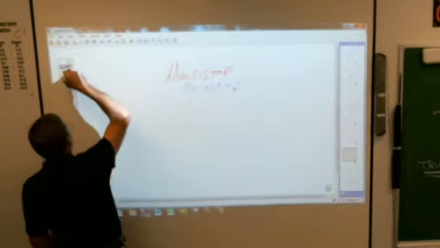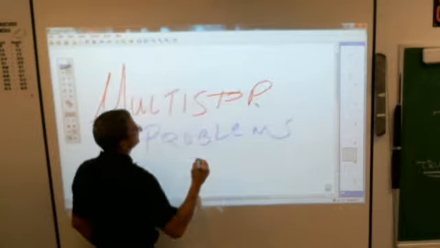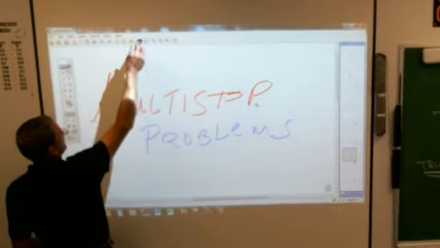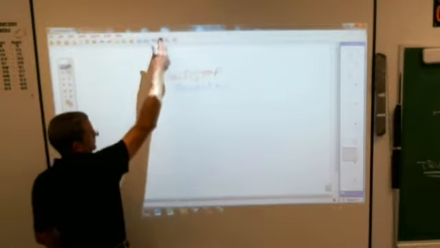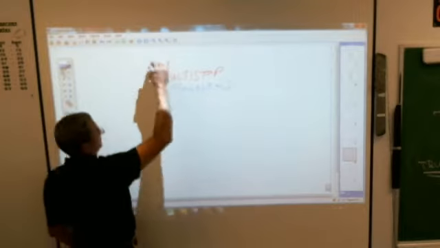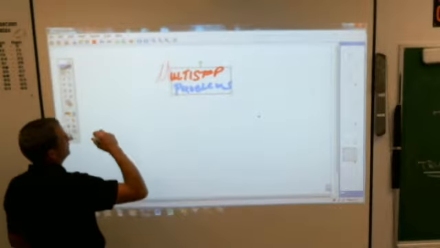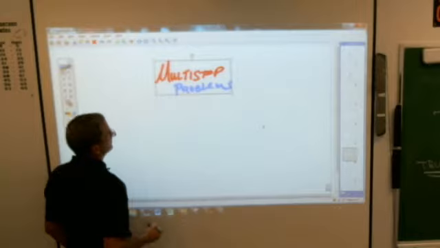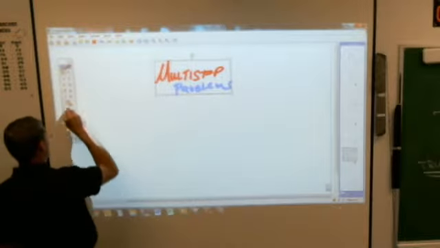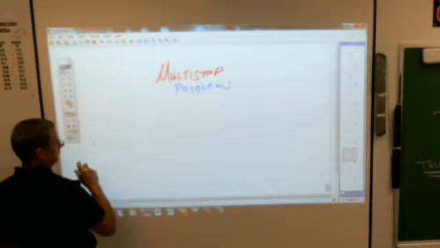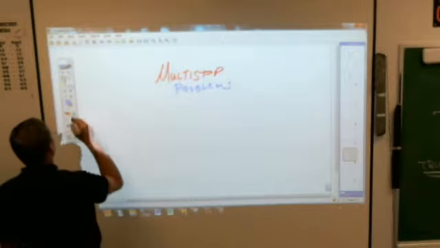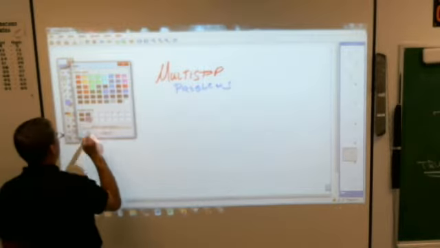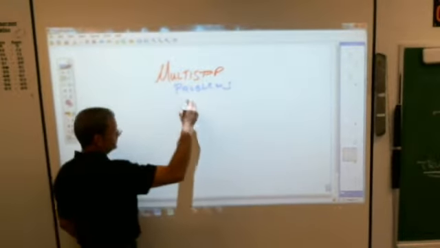Multi-step problems. If you had to guess what multi-step problems are, you would probably guess that they are problems with multiple steps.